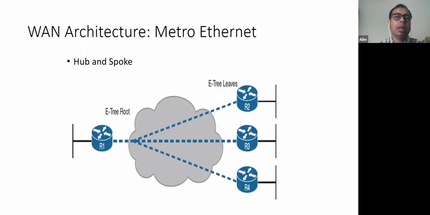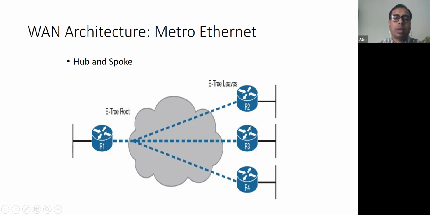Okay. Hub and spoke is like this. The hub is the central, say R1, and R2, R3, R4. If R2 wants to connect to R3 or R4, it must go through R1. Okay, this is the dependency.